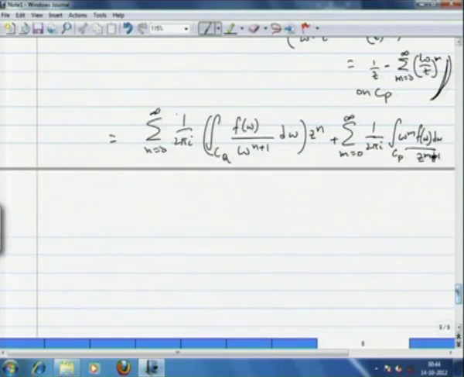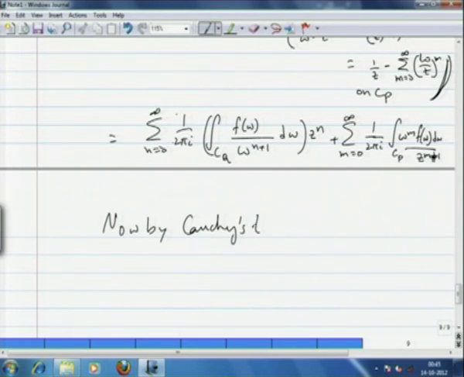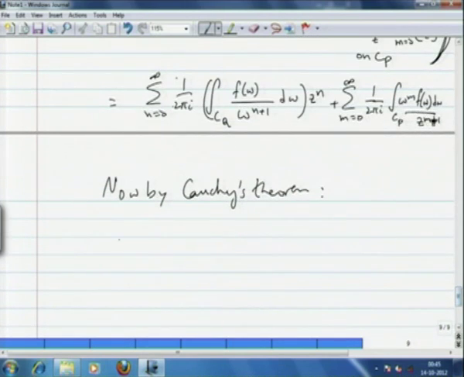Okay. And so, now by a certain version of Cauchy's theorem, integration over C q can be replaced by integration over gamma. Okay. So, this is all equal to f of z. So, this f of z is equal to sigma n equals 0 through infinity 1 by 2 pi I integration over gamma.